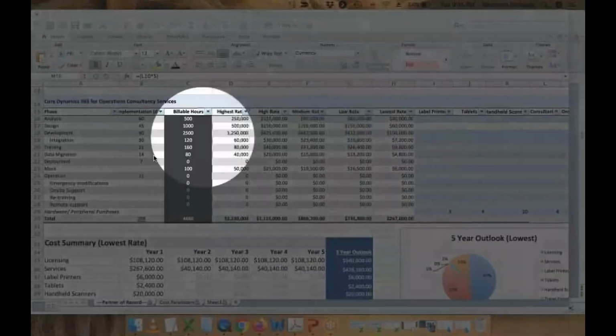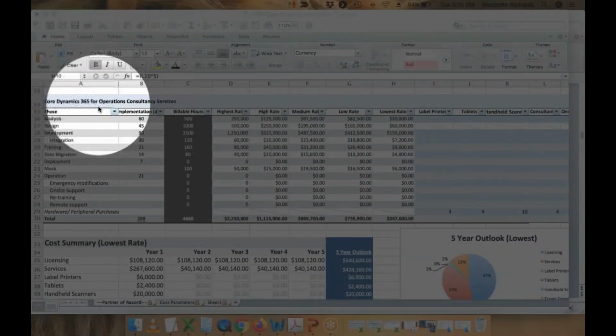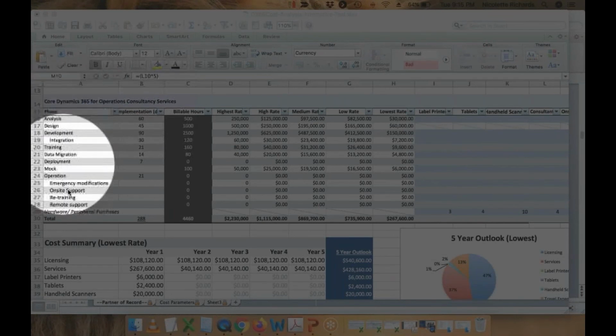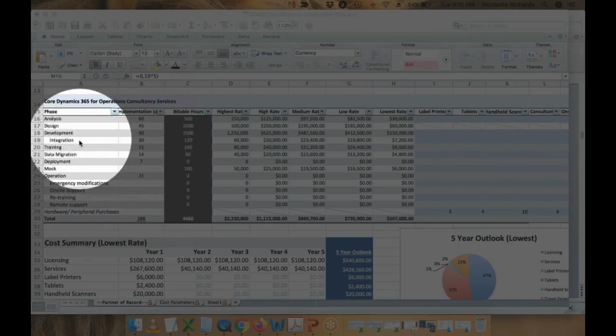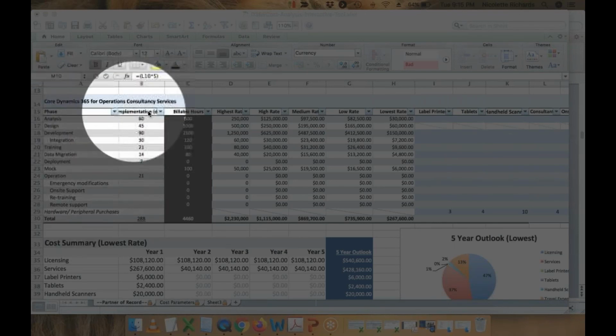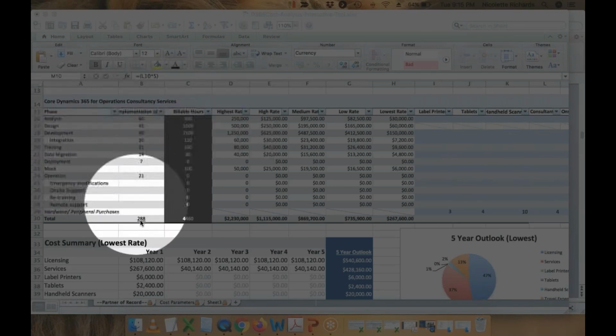Okay, so here we are. We start our project out, and we kick off, and everyone's bright-eyed and bushy-tailed, and they're ready to implement. And then we start in our analysis phase, and we're starting to see some resistance.